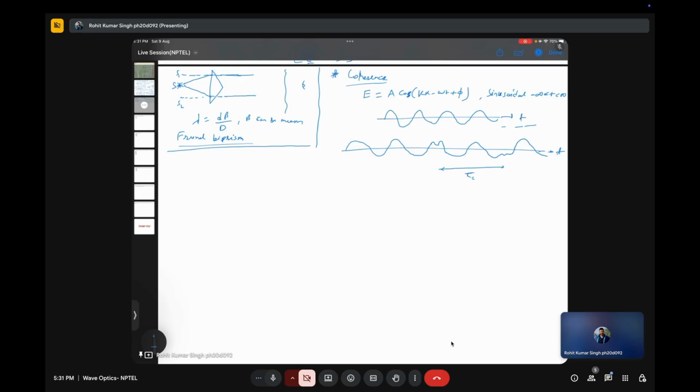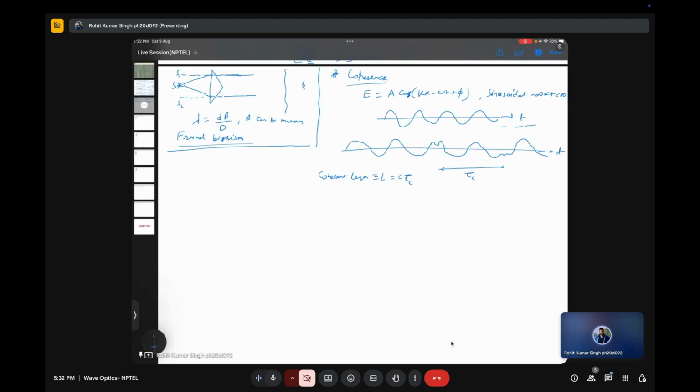Okay, and then you can define coherence length, which is basically L given by c times tau c. Okay, so this is the basic concept of coherence.